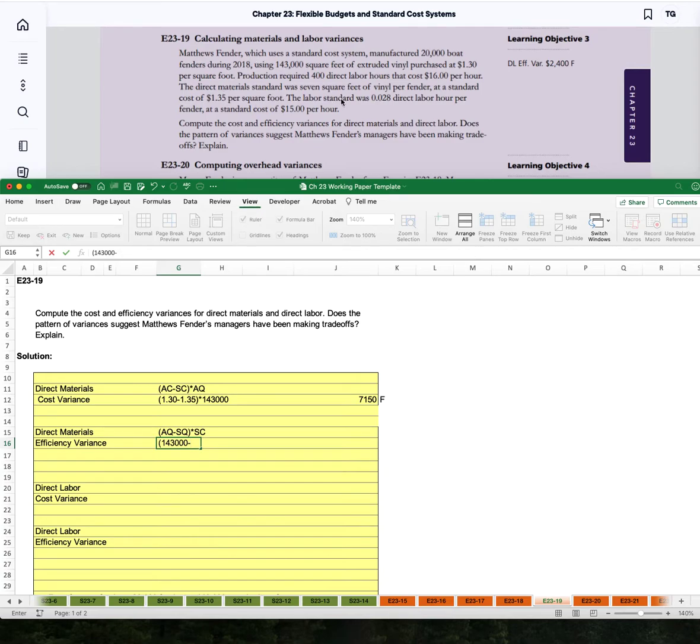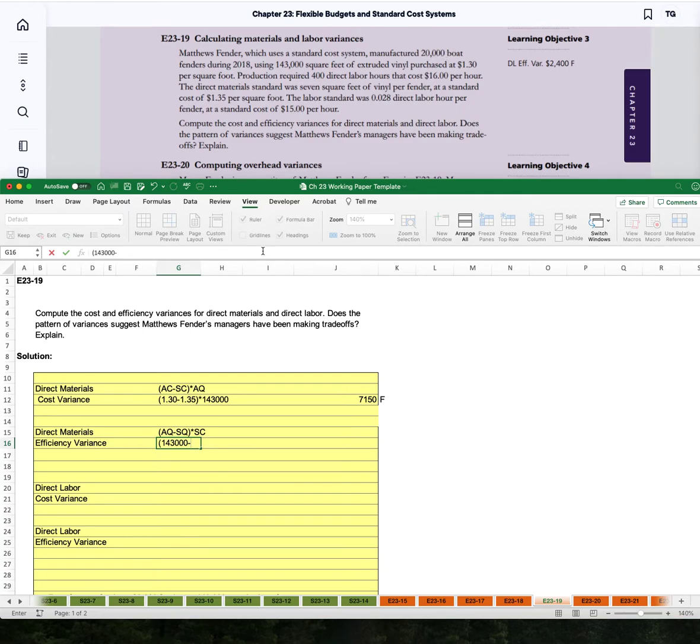And so they didn't give us that directly. What we do know is that the direct material standard is 7 square feet of vinyl per fender. And so we have to calculate what that would be. And so we know that they manufacture 20,000 fenders.